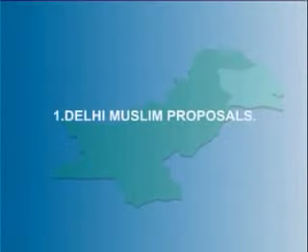Let's take up the first major development of this period, and that is Delhi Muslim proposals of March 1927. From 1924 onwards, the Khilafat movement became very weak.